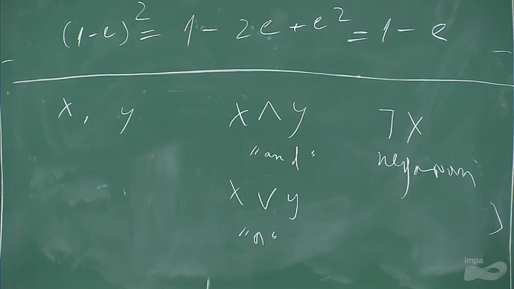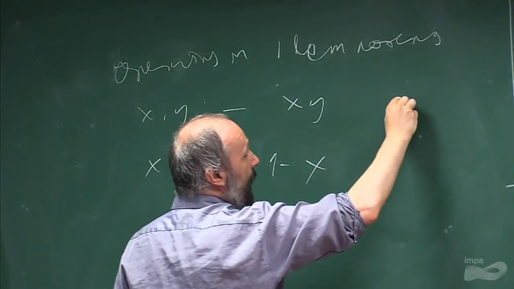This is an exercise, but it was helpful for me at least to understand that now you have operations on idempotents. xy goes to xy, x goes to 1 minus x. This is conjunction.